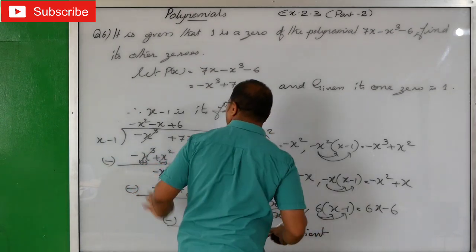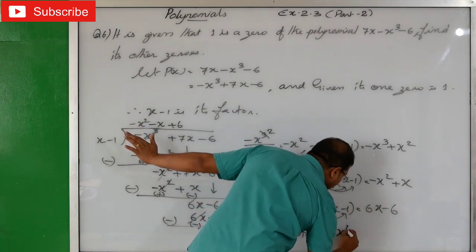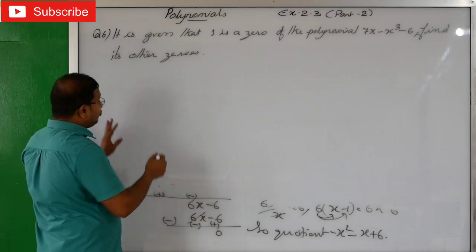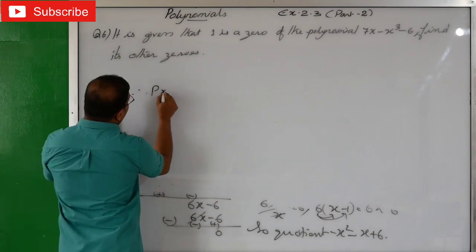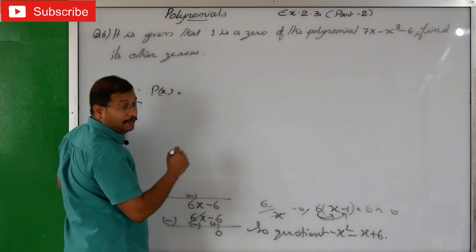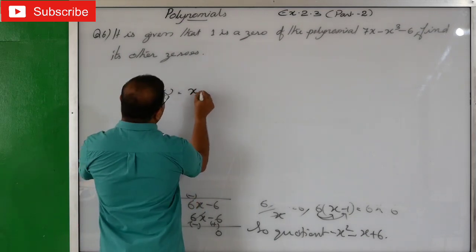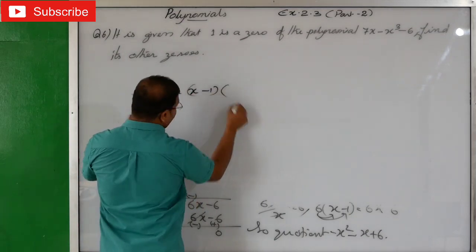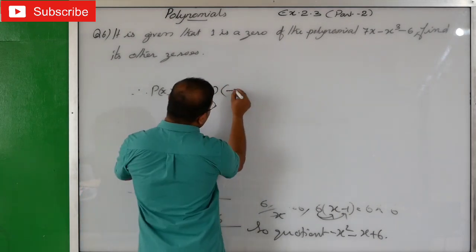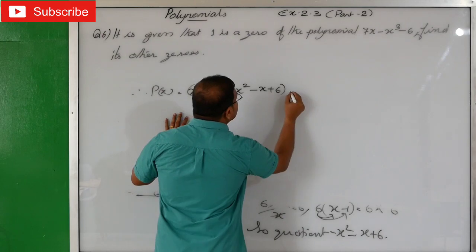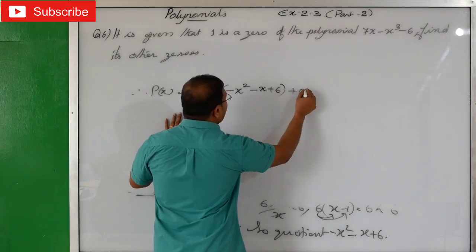The quotient you got is minus x square minus x plus 6. What can you write? The polynomial is equal to divisor into quotient plus remainder. The divisor is x minus 1, into the quotient you got, minus x square minus x plus 6, plus the remainder, which is 0.